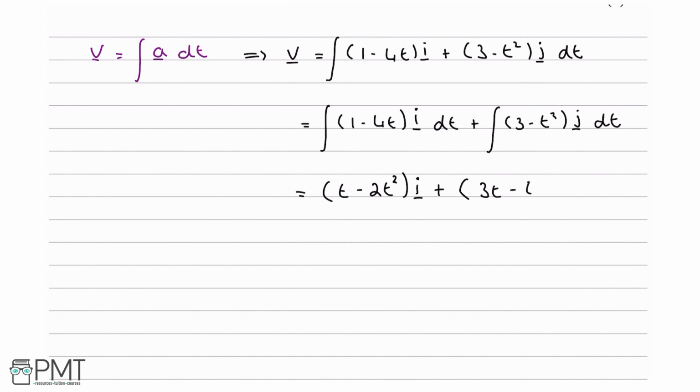Put the j vector at the end, and then we're going to add our constant of integration.